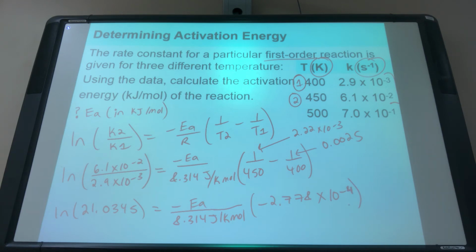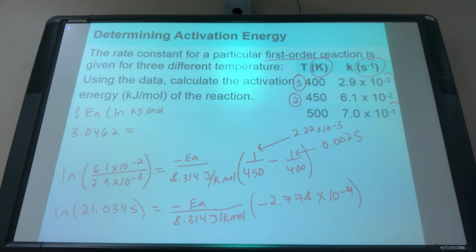All right, so now we have that number. Then we want to simplify again. Make some room. To simplify again, let's take the ln of 21.0345, and that comes out to be 3.0462.